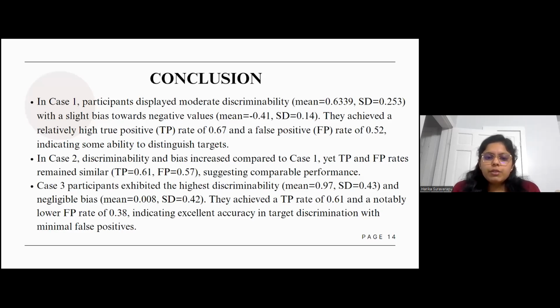While in case 3, the true positive rate is 0.61 and the false positive rate is 0.38, where it is decreased because here it identified the false positives correctly. So the third model is excellent in accuracy and in target discrimination with minimum false positives.